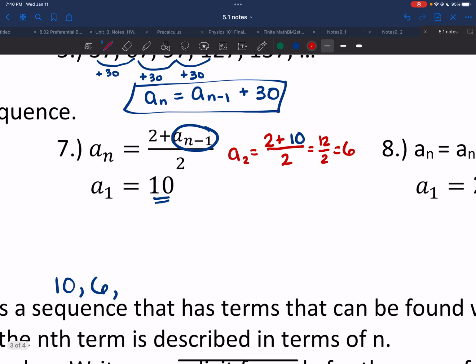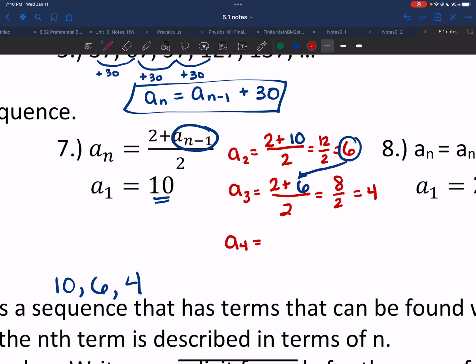Then I'm going to go ahead and find out what A3 is. That's going to be 2 plus, this is going to come down here now. So 2 plus 6 over 2. So that's 8 over 2, which is 4. So my next number in the sequence is 4. Then I'm going to do one more.